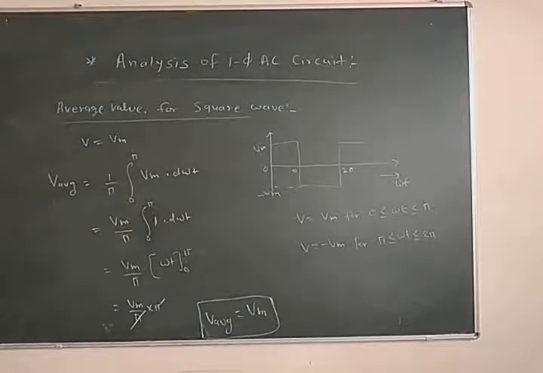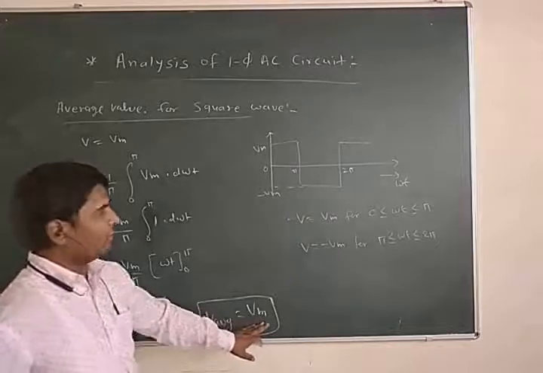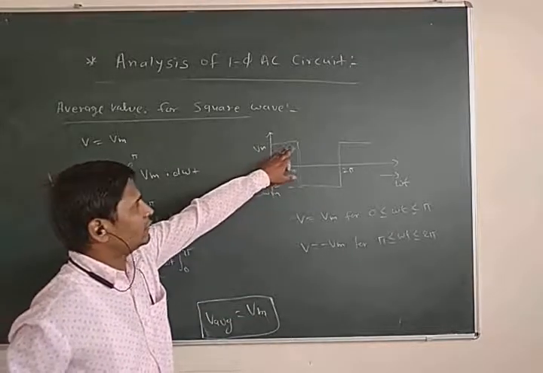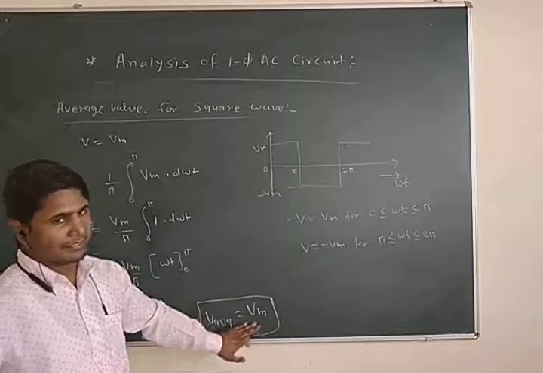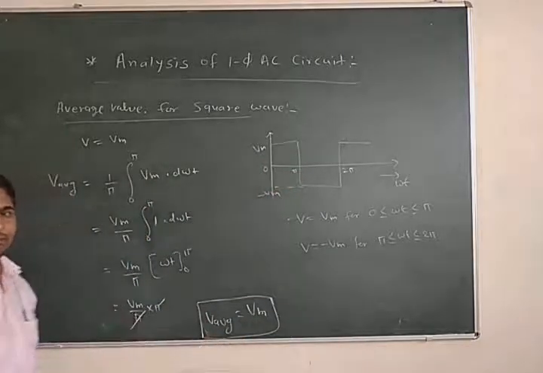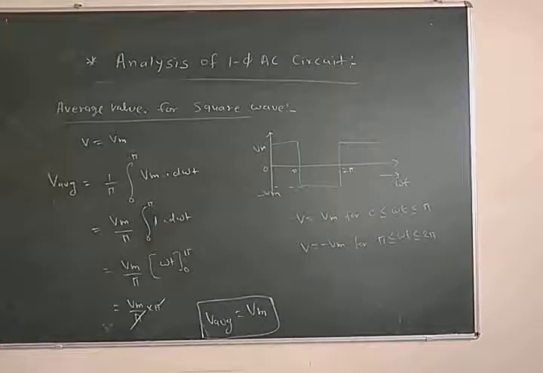And the instantaneous value is also Vm. Average value is also Vm. Maximum value is also Vm. So the only wave in which instantaneous value, average value, RMS value, all values are equal is the square wave.